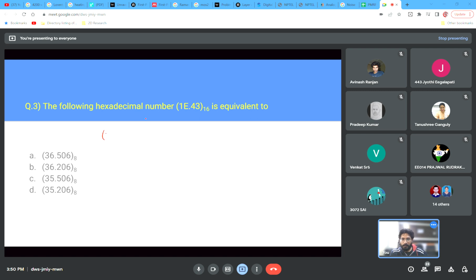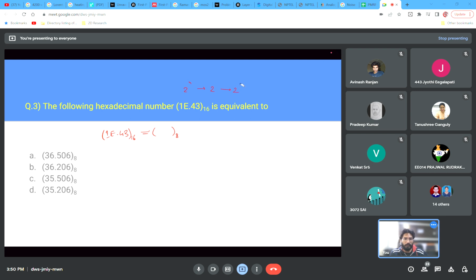So we will start with what we have. We have 1E.43 in base 16, and that will be something in base 8. We know that these bases are powers of 2, so base 16 is 2 to the power 4. This we can convert to binary, and that we can again convert quickly to base 8.